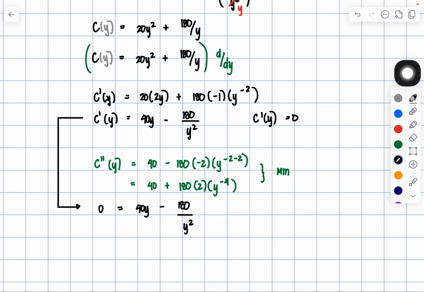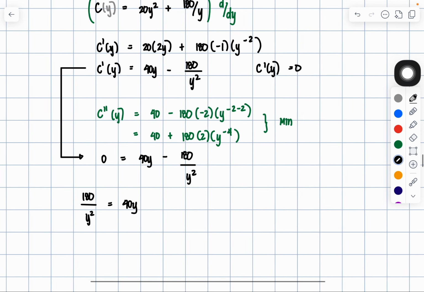So, lipat natin yung isa sa kabila. So, you have 180 over y raised to 2, may positive na yan, is equal to 40y. Apply cross multiplication here. So, you have 180 is equal to 40y times y squared. That would give you 40y cubed.